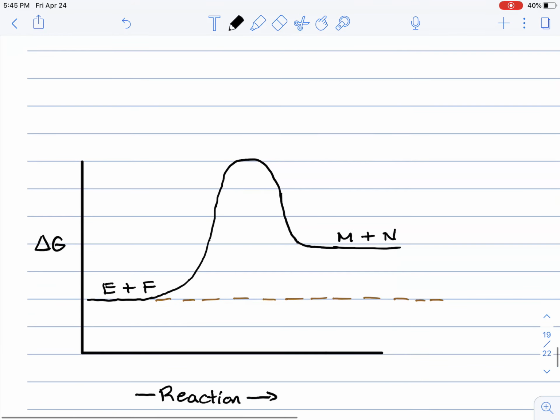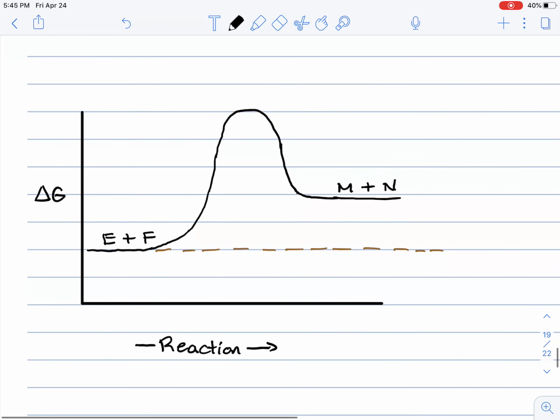So let's go ahead and look at the reverse. Once again, we've seen a very similar graph when we were talking about potential energy diagrams and kinetics, but once again, that's with respect to enthalpy. Here, if you look at the y-axis, notice that it is Gibbs free energy.